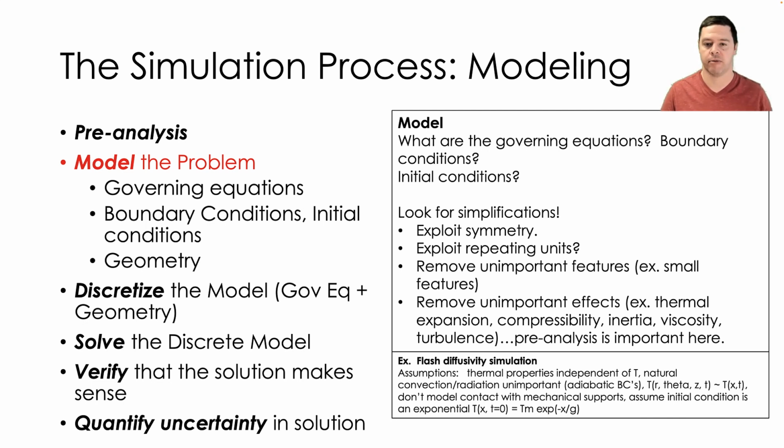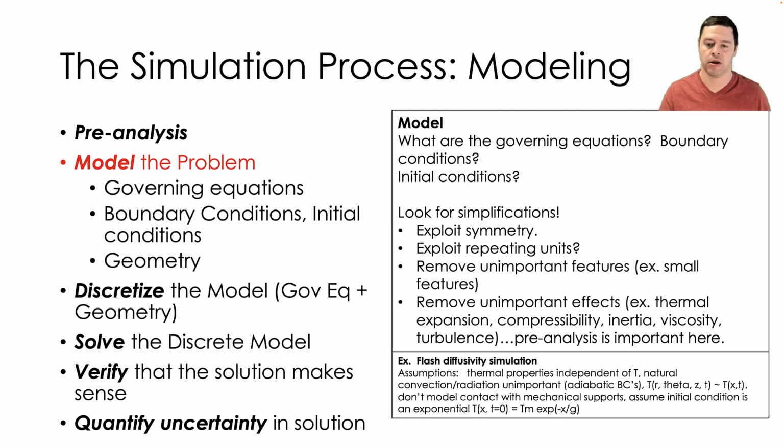Similarly, by exploiting symmetry, I go from a three-dimensional problem where temperature is potentially a function of radial position, theta, and z in cylindrical coordinates, to a quasi one-dimensional situation where I have temperature as a function of just, say, the depth and time.